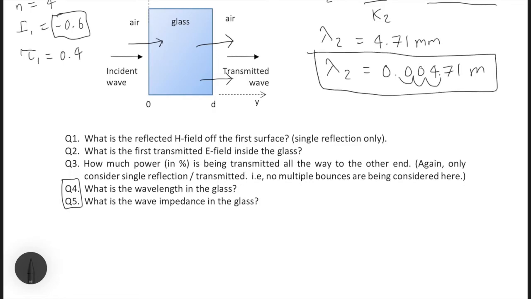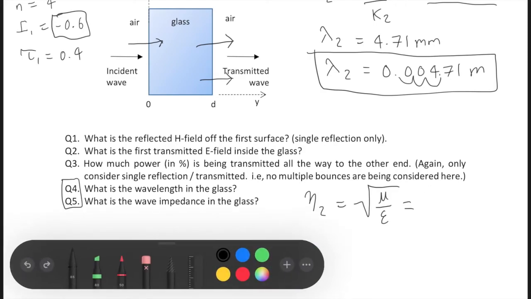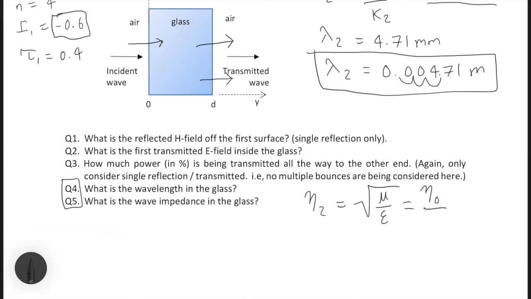And lastly, we want to find the wave impedance in the glass. So we can do that calculation by doing eta 2 is equal to the square root of mu over epsilon, which is also equal to eta naught over n2.